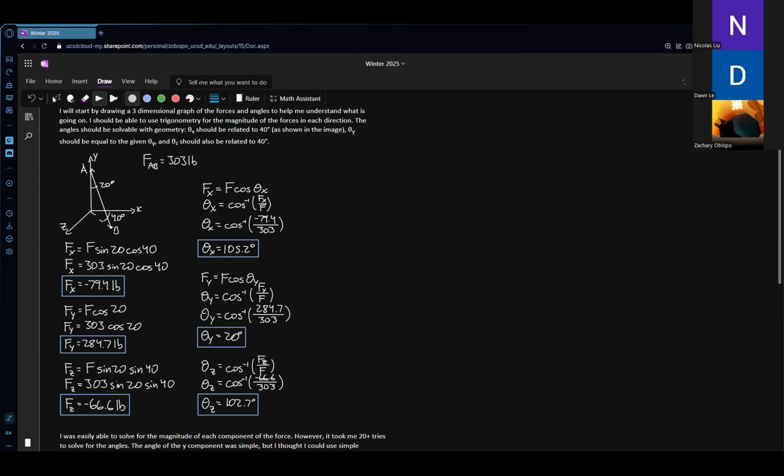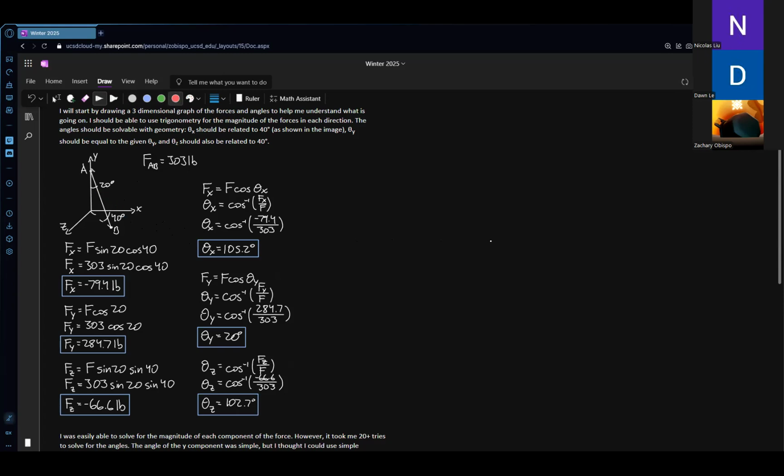You could say it's given and try to put that in as your theta x, but this angle is not the same as this angle.